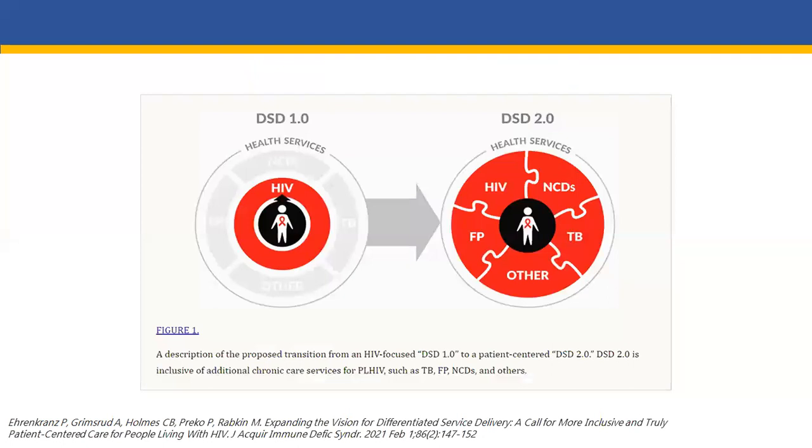Now, this is a study model that was done a few years back. It's a DSD1 to DSD2 model. Basically, health services nowadays, we talk about like it should be a comprehensive health service. Like a patient is coming to my clinic, it doesn't mean that he will be picking up only the HIV antiretroviral drug. As we all know, our patients are doing quite well with the new group of drugs.